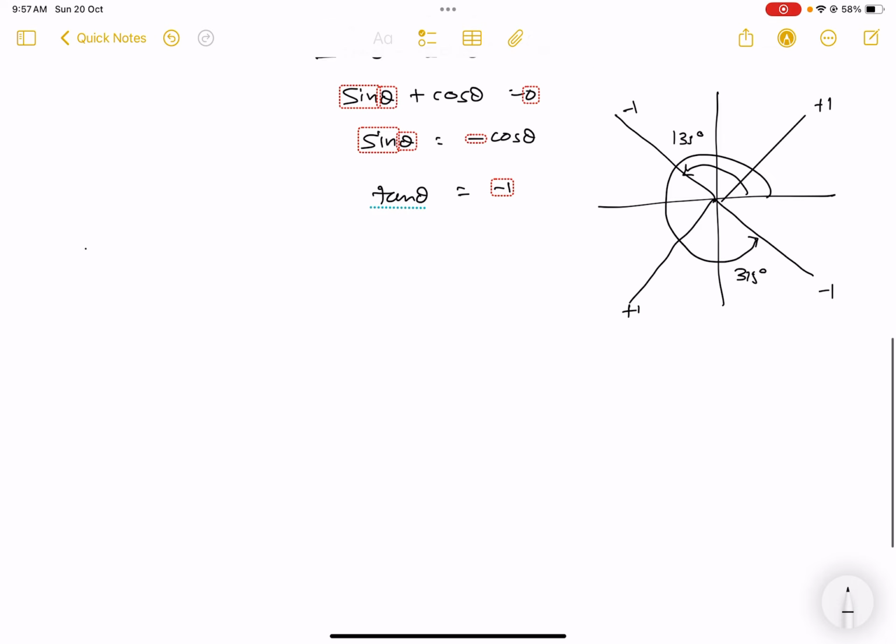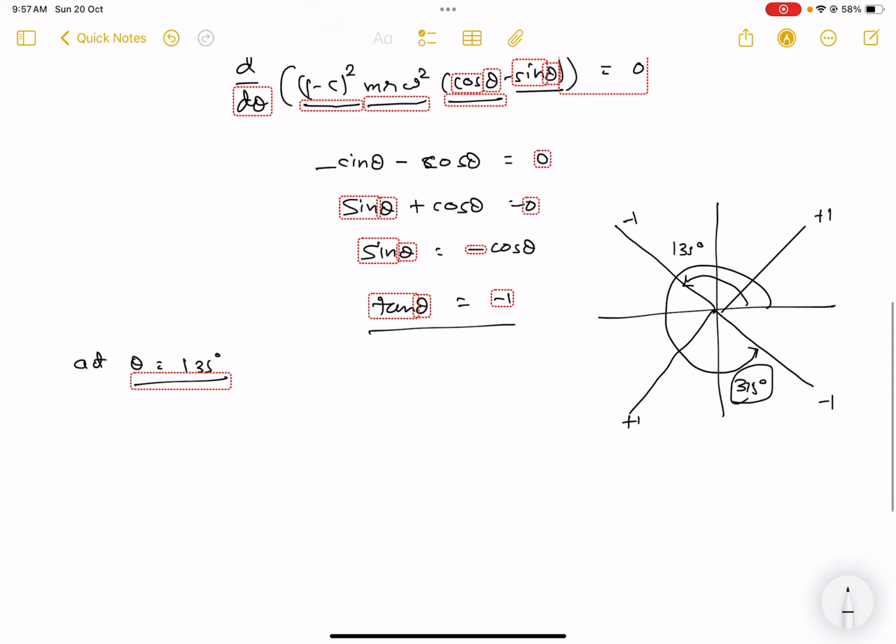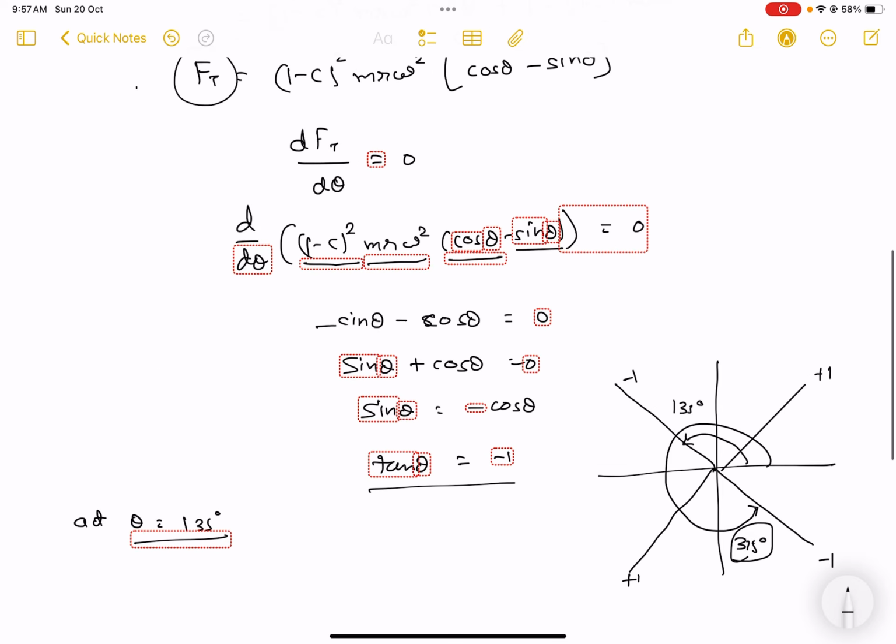So there are two conditions: one at theta equal to 135 degrees, and second at 315 degrees. Let us consider theta equal to 135 degrees and calculate the value of the total force.